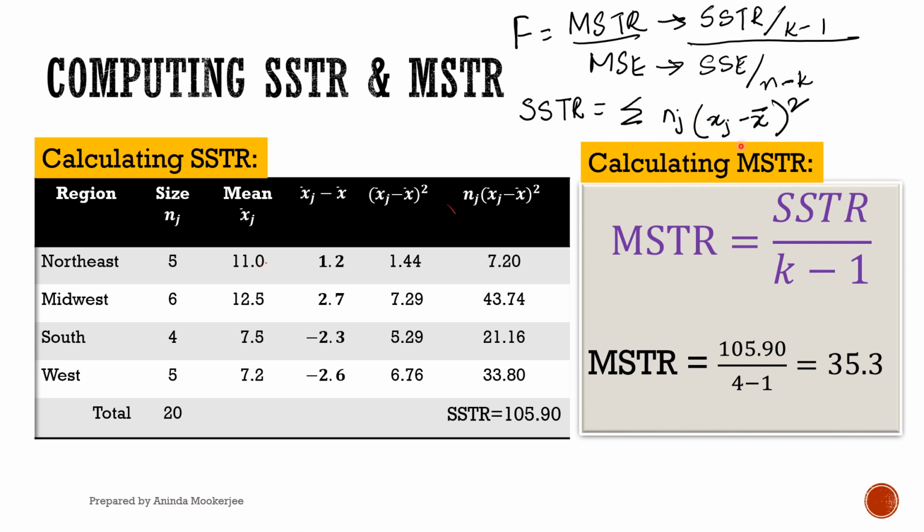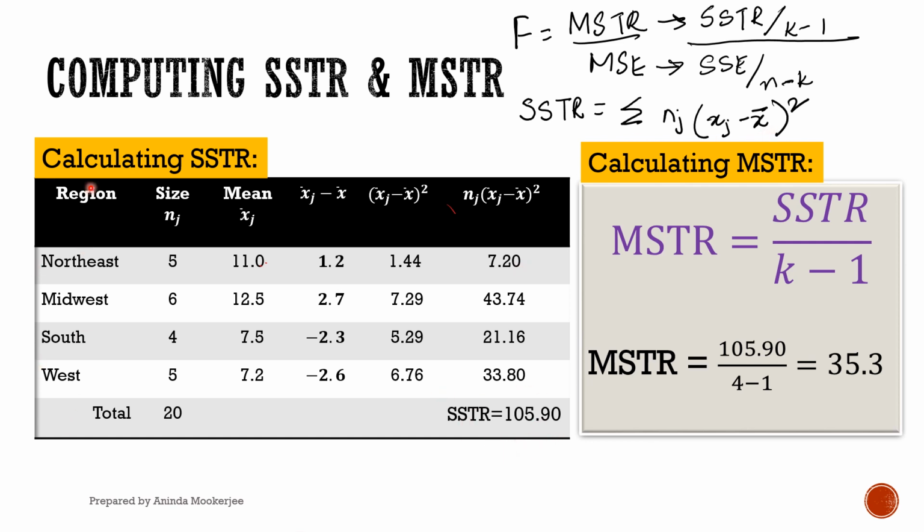X sub j minus x bar, since we are subtracting them, it represents a difference, and it's not just a difference, it's the squared difference. And we also said that it's going to be the weighted squared difference. And how do we weight them? We weight them by their individual sample sizes. All right, so let's run through this table to see how we satisfy this particular formula and come up with a final value for SSTR.